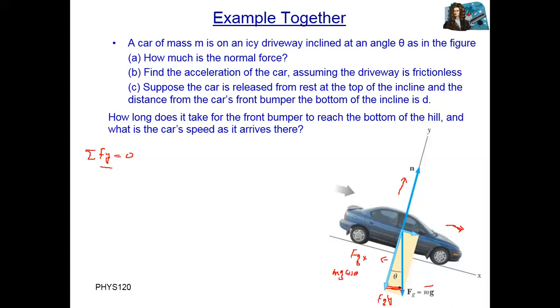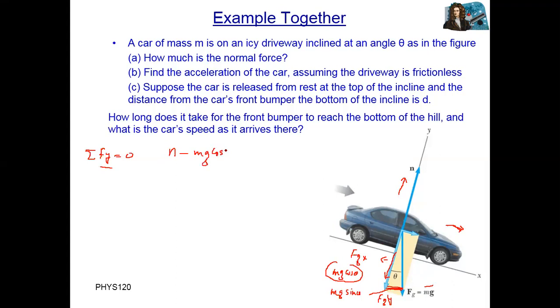What about this side? This is vertical, so this is equal to mg sine theta. This one, mg cosine theta, is downward. So we can say that there are two forces: the normal force, which is upward, and mg cosine theta, which is downward.